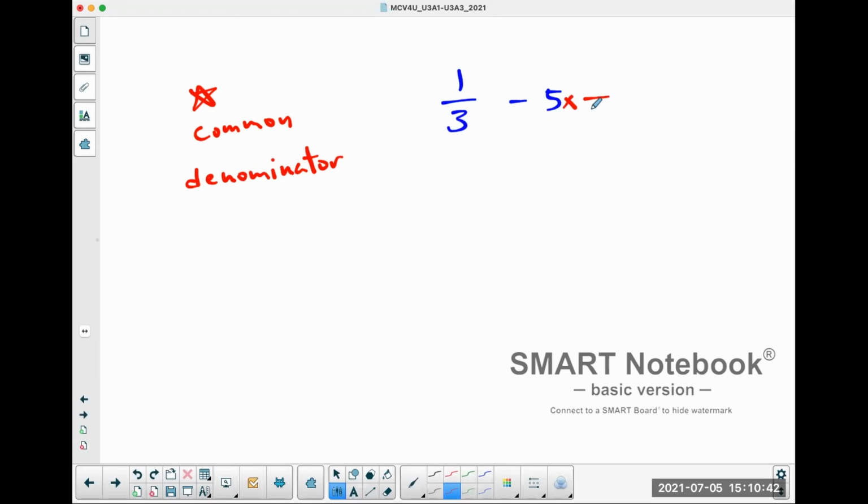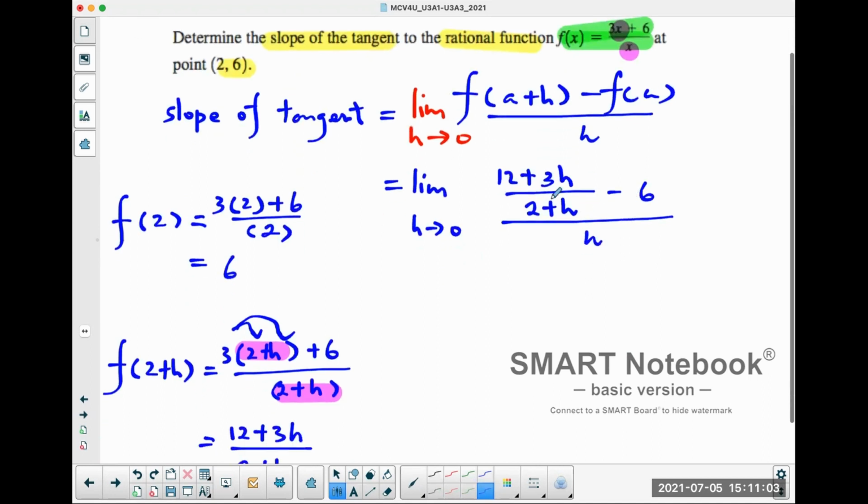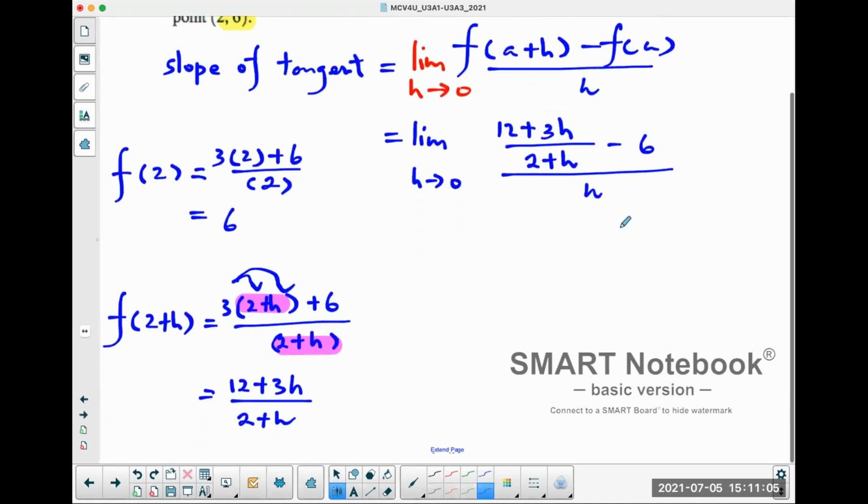So here you will have to make this a common denominator. So 1/3 minus 15 over 3, so that they are the same denominator, and you can subtract the top. So here, the top, what I need to do is make them a common denominator.